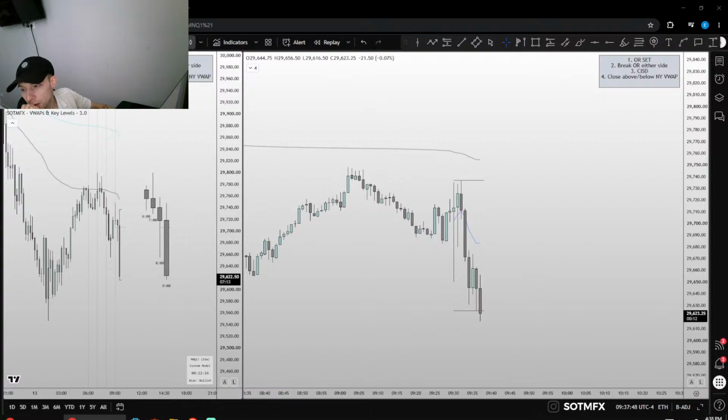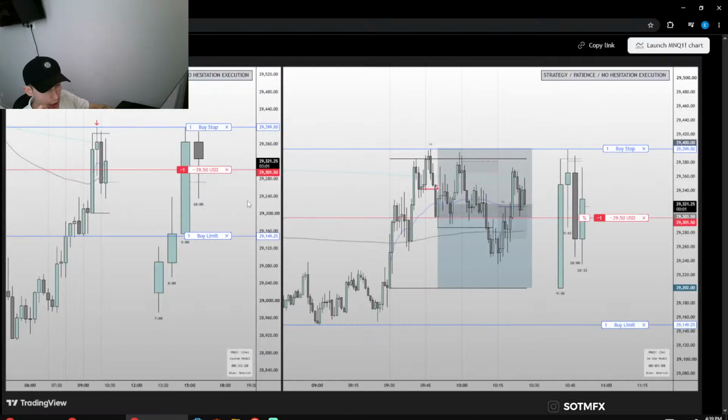So let's start with the 8th of July. It was a double break trade. Now I do have screenshots of that trade. So this right here, I executed a double break trade.